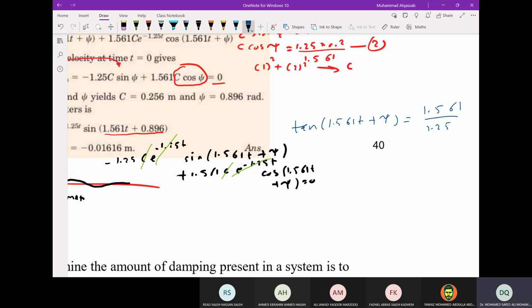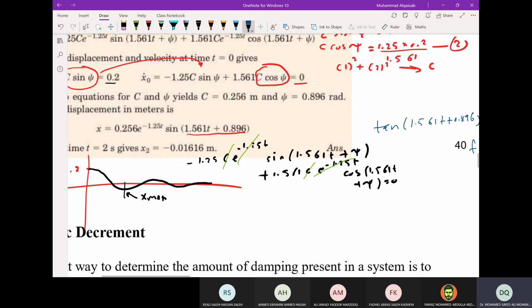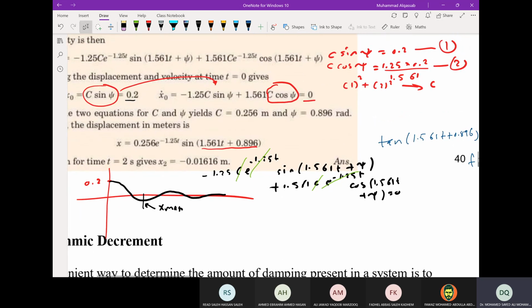Once we know this value, and psi is 0.896, from here you can find the corresponding time, and then you substitute in x to get the maximum.